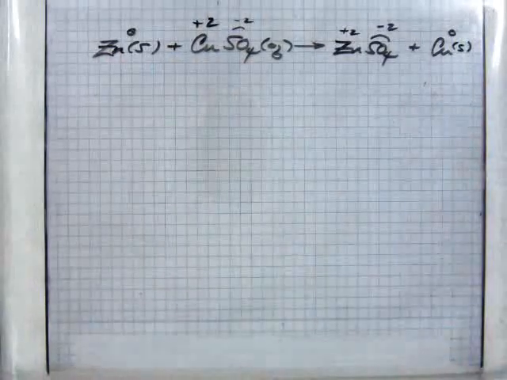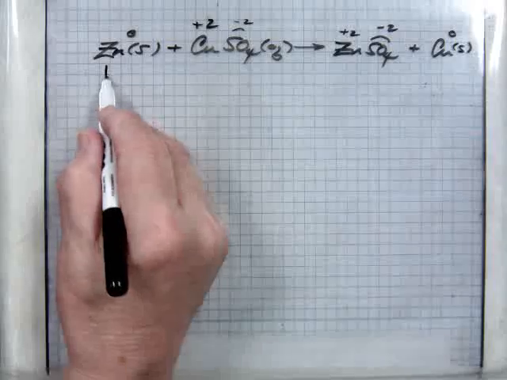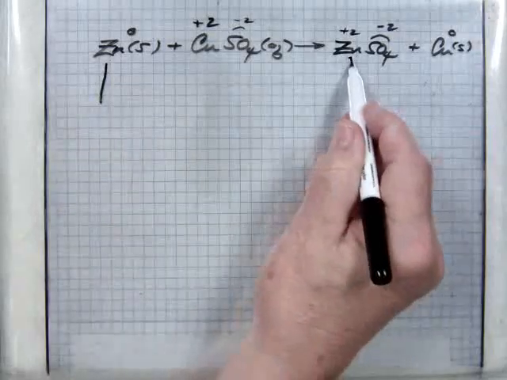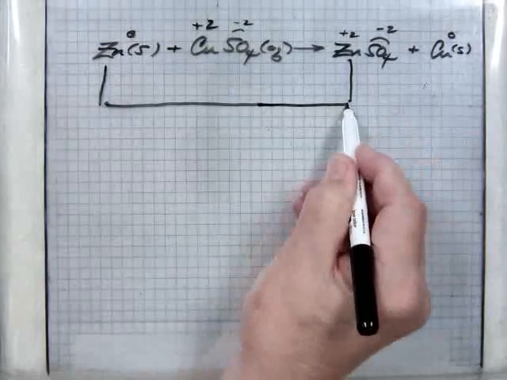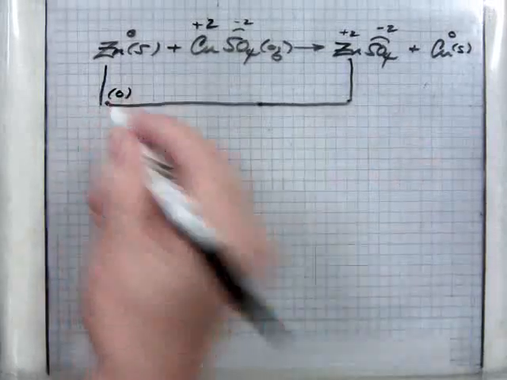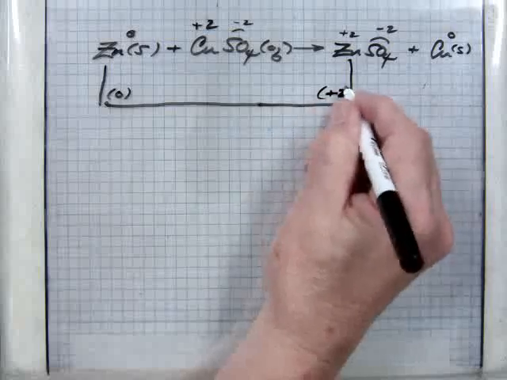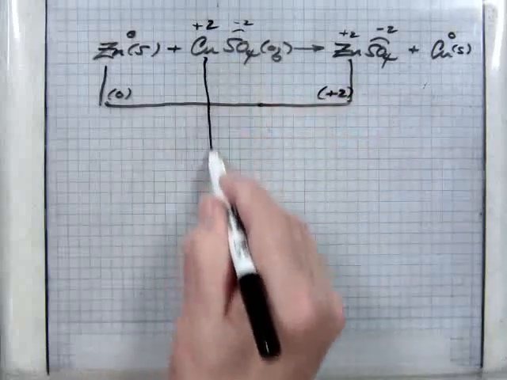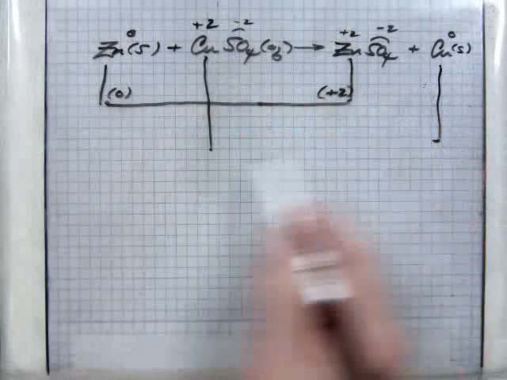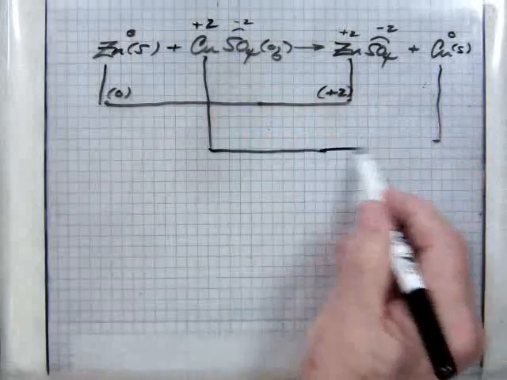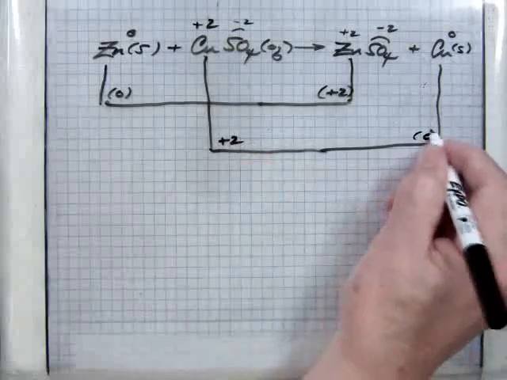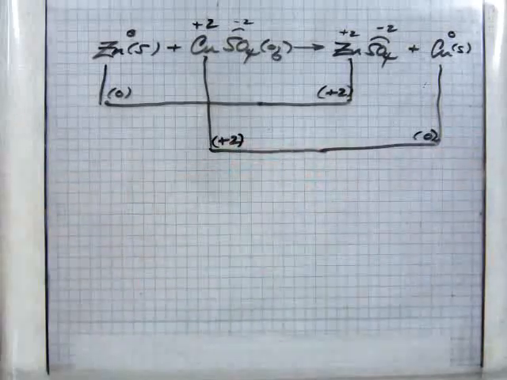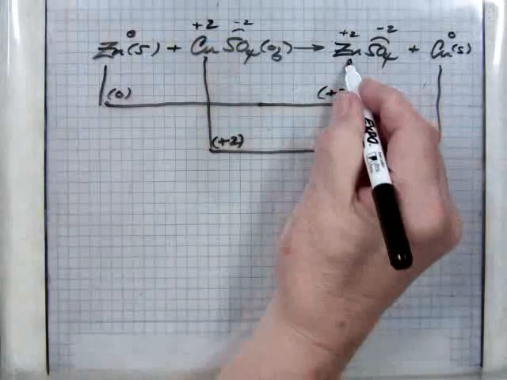So if we look at what's happening between the zinc on the reactant side and zinc on the product side, we see that zinc has changed its oxidation state from 0 to +2, while copper has changed its oxidation state from +2 to 0. So if we make these comparisons.